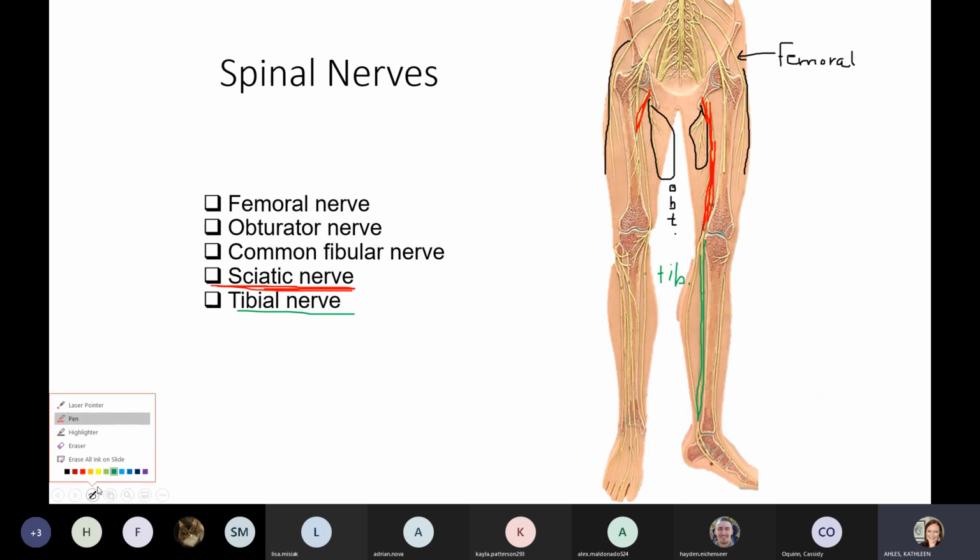But the other half wraps around the front. I can see it here, but you can also see very clearly here that it's paralleling the fibula. So the fibular nerve on front, the tibial nerve on back. The sciatic nerve branches into the tibial nerve and the fibular nerve.